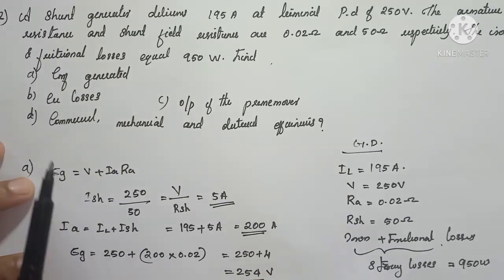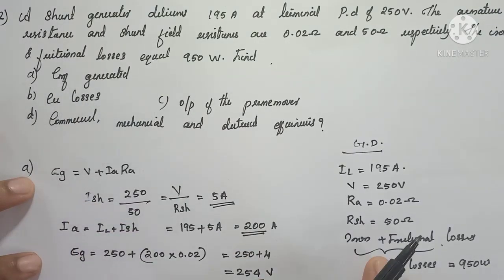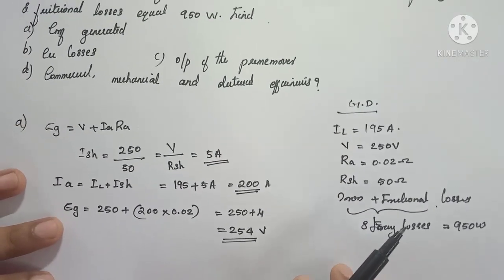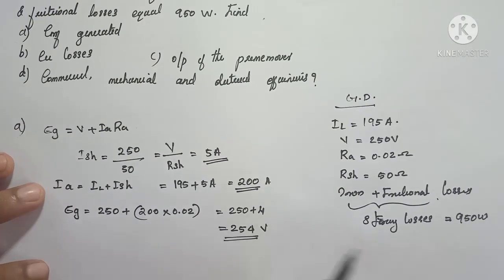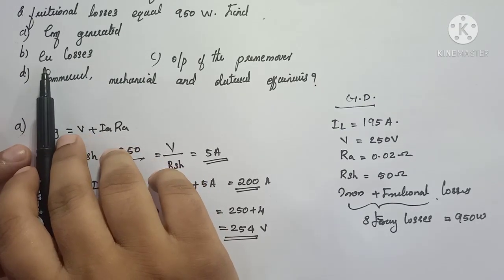So the first part is completed: the EMF generated is 254 volts.